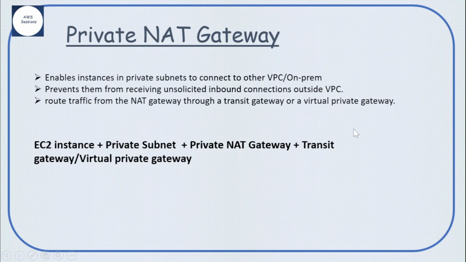As compared to the public NAT gateway, where we created an internet gateway, here you need to create a transit gateway, because a transit gateway will allow connection to other VPCs, and in case you want on-prem connectivity, you have to create a virtual private gateway.